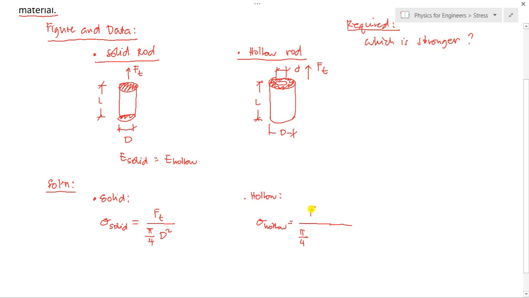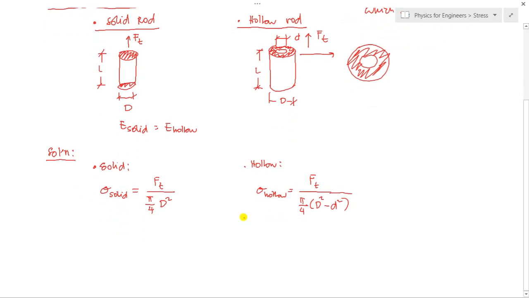Mr. Pagas, the top view of its cross-sectional area is like that. So it is a difference, since it has a hole. Therefore we have the square of the outer diameter minus the square of the inner diameter, then this is Ft.